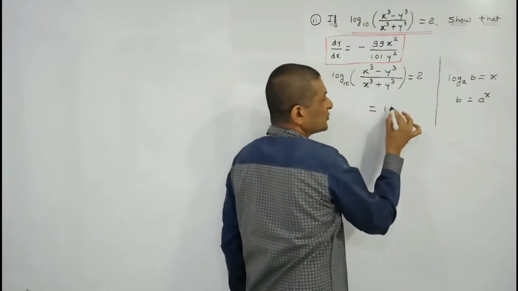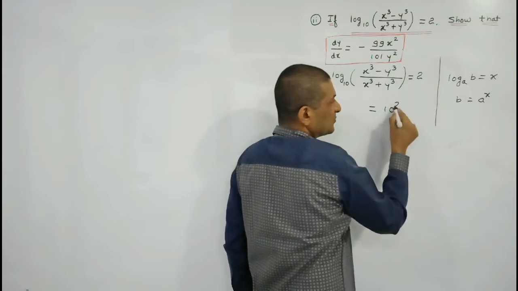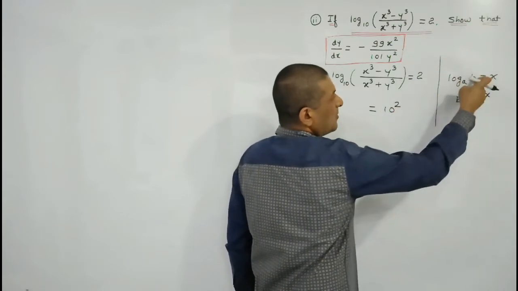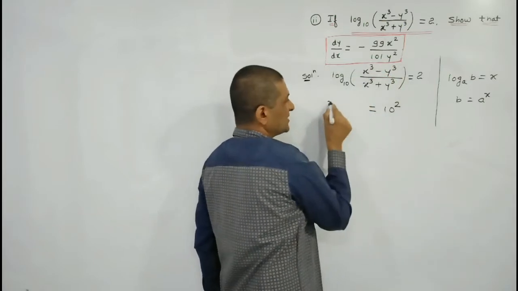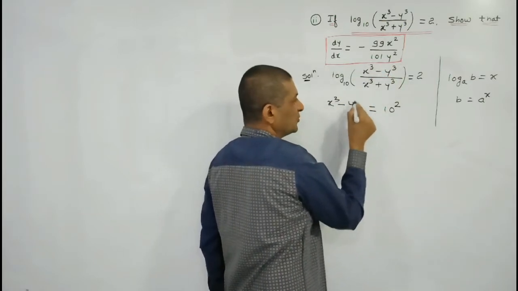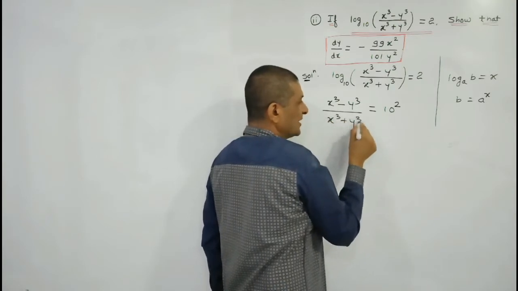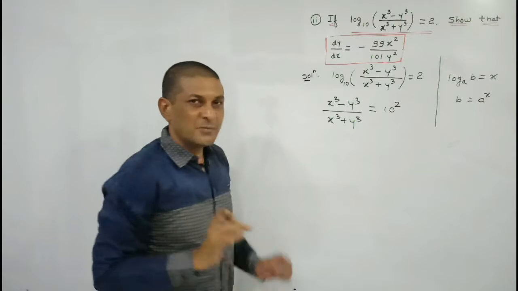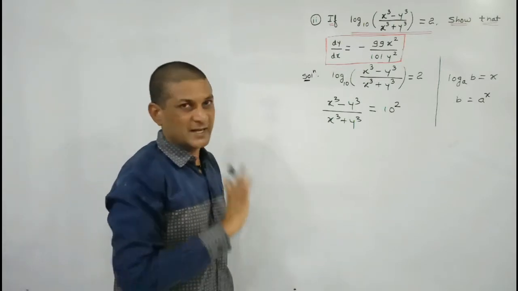So 10 raised to power x is nothing but exponent, here value of exponent will be equal to 2, and b, this is nothing but b here, means x cube minus y cube divided by x cube plus y cube. Just we have converted logarithmic form into exponential form using laws of logarithm.